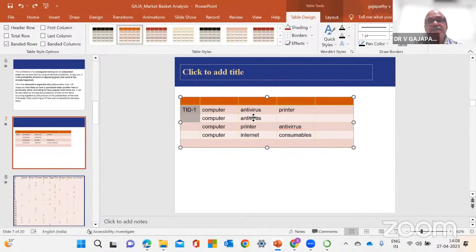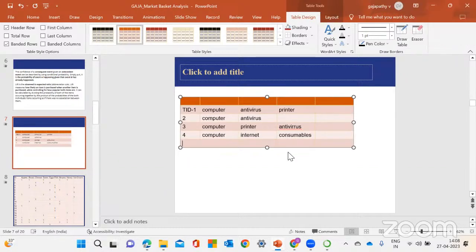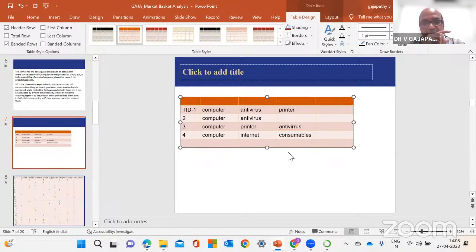T means it is a transaction ID. Transaction ID 2 this is, and this is 3 and this is 4. Like that I'm buying. So here one transaction means I'm buying computer, antivirus, printer. Like that I'm buying. And this is one transaction. We are indexing it by one transaction, and that is why this is transaction ID 1.